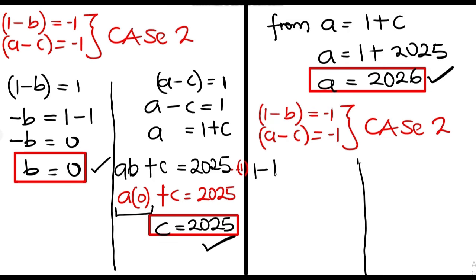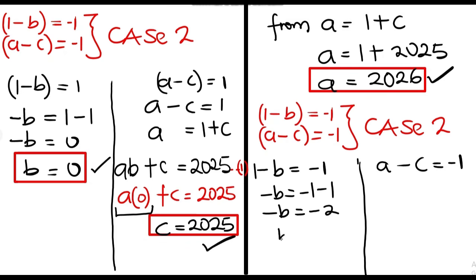So for case 2, 1 minus b equals minus 1, and a minus c equals minus 1. So minus b equals minus 2, then b equals 2. That is for b.